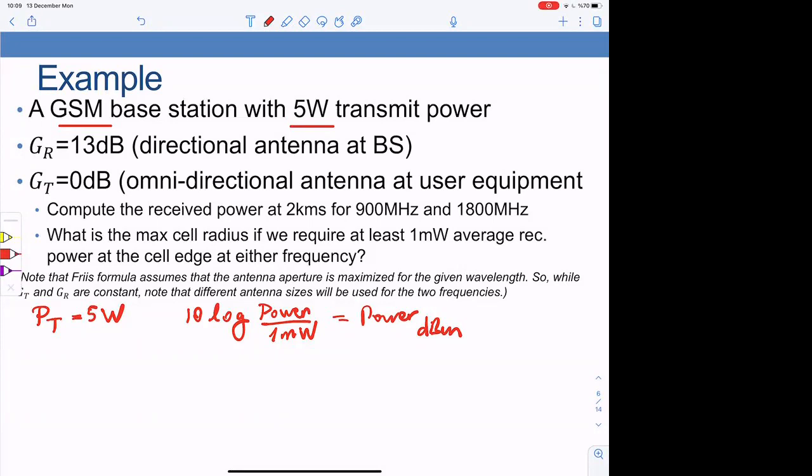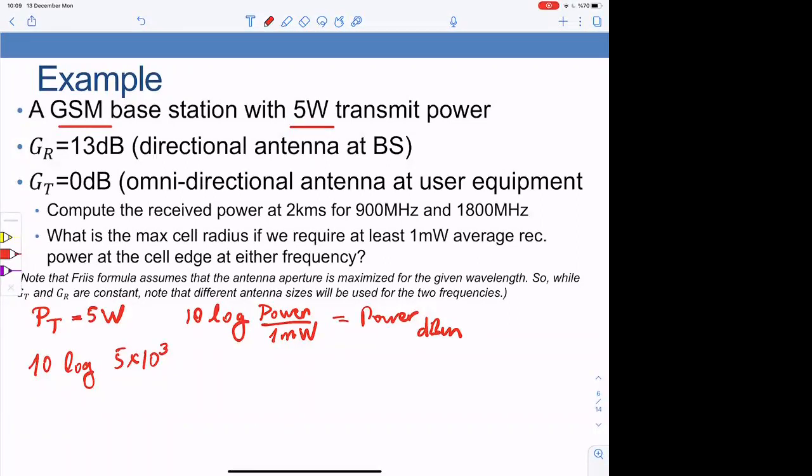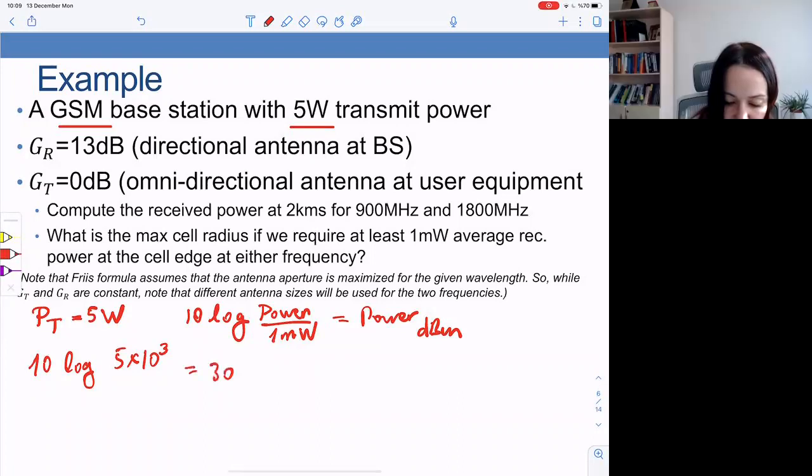Using the formula. So 10 log 5 times 10 to the 3. So it is basically 30 plus 10 log 5, right?